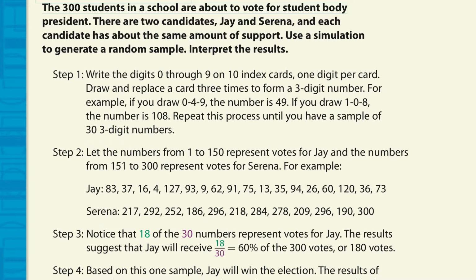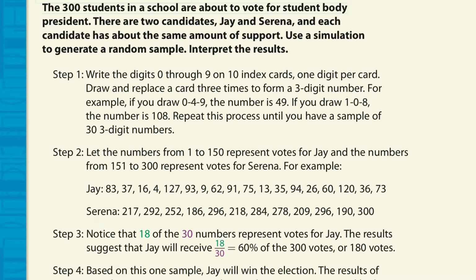So they're trying to create a sample of 30 3-digit numbers, and each number is going to represent a student in the school. So what they have is 83. I know that's 2 digits, but it could have been 083, 037, 016, 004, and so on.